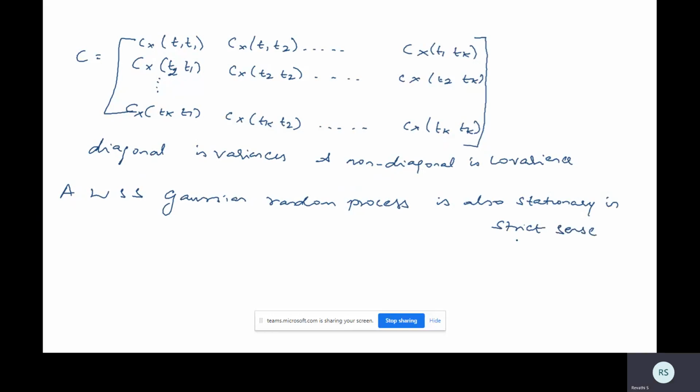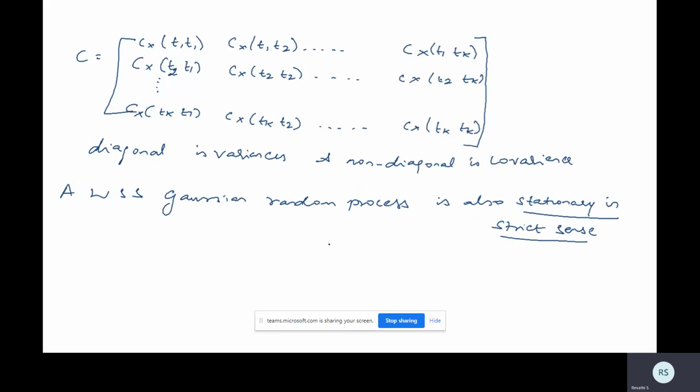For an ordinary random variable, we have to verify stationarity for every order: first order separately, second order, and second order stationary doesn't mean that it is stationary in the third order or fourth order.